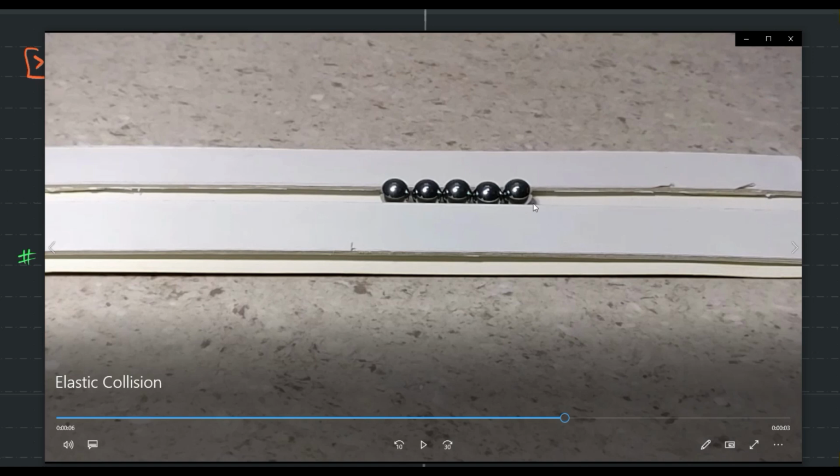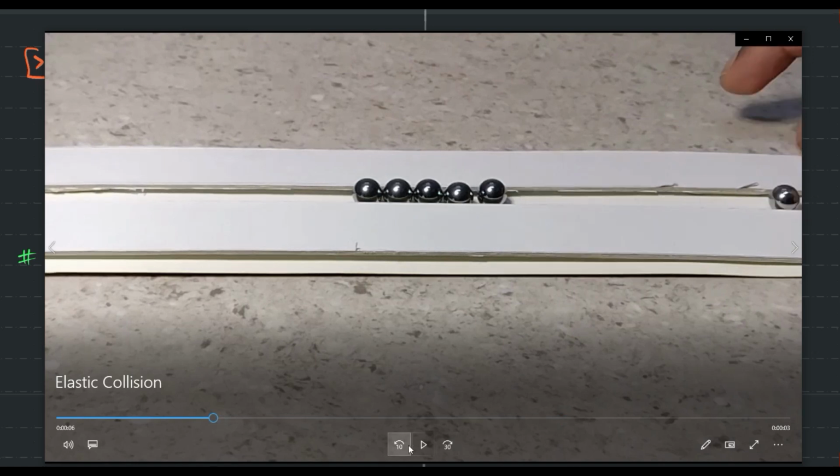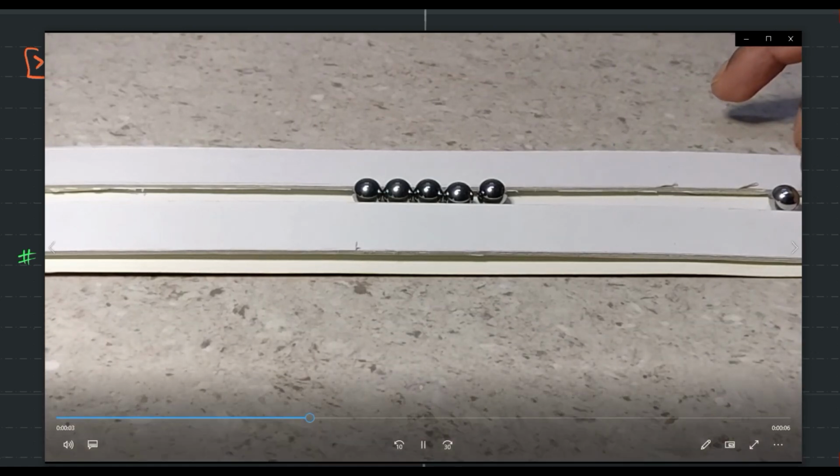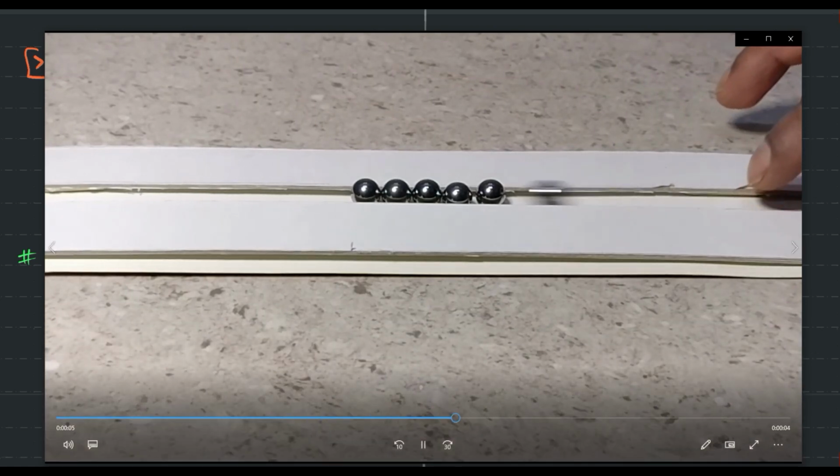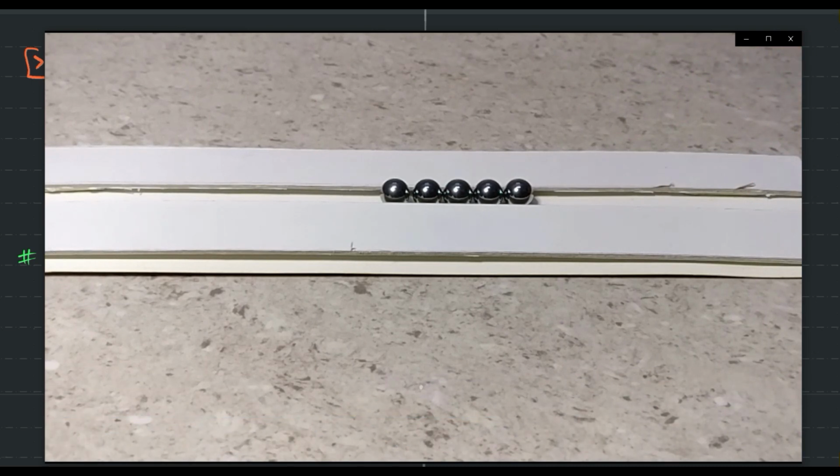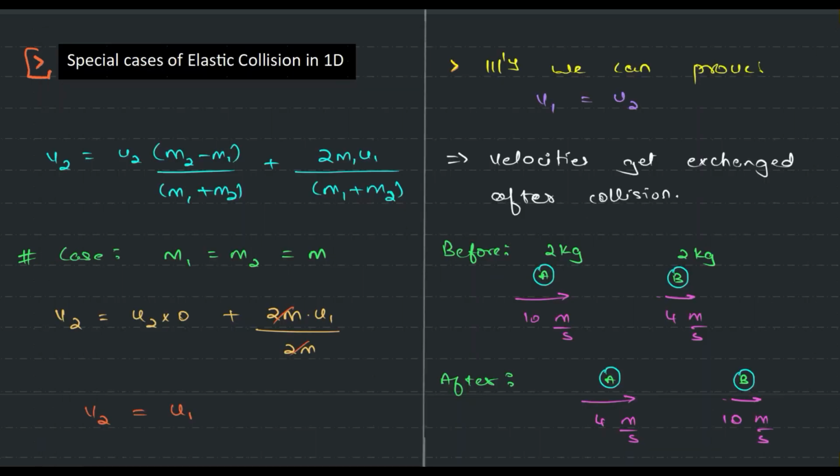The velocity of the first after collision became 0, and the last went with the velocity with which the first came in. Okay, again, my language. If you're not able to understand, you can just watch the video. Right, that's it. So that is your first special case.